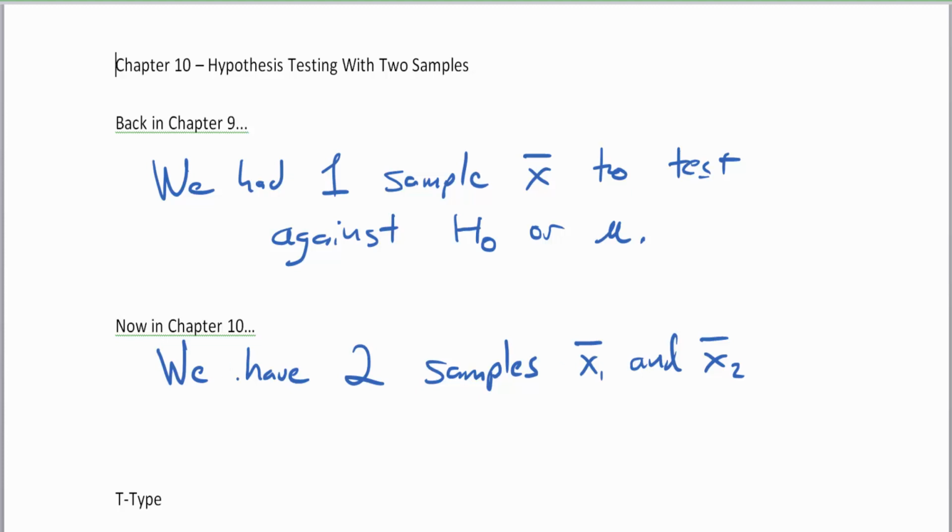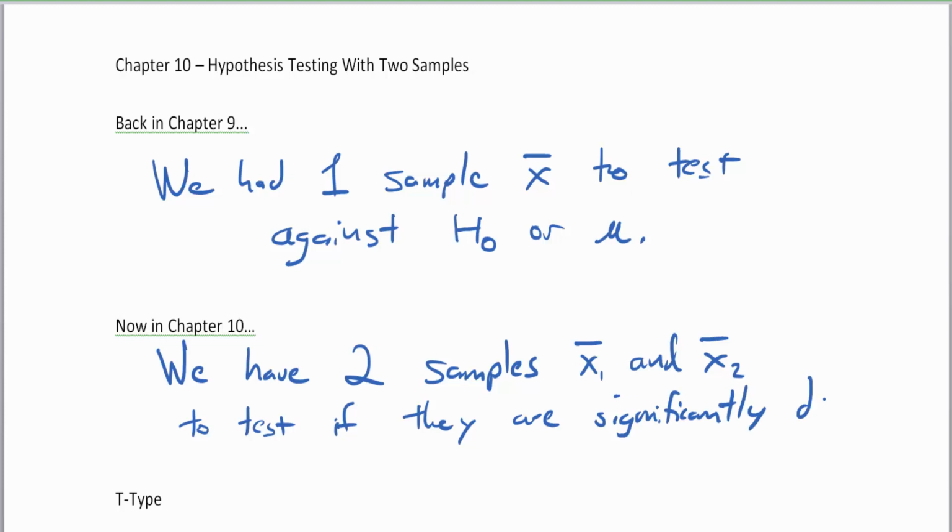So what we're trying to show in this chapter is we're going to have these 2 samples, x bar sub 1 and x bar sub 2, to test if they are significantly different.